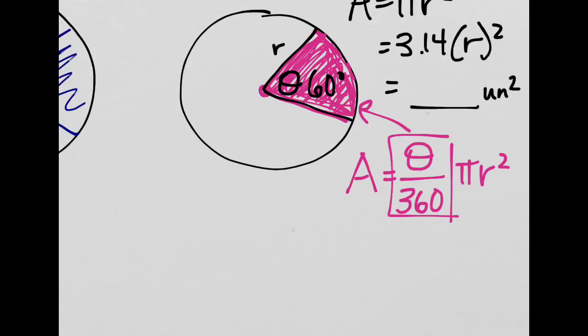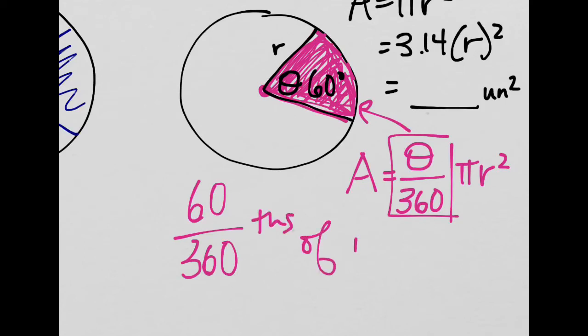Just a fraction of my entire circle, 60 in this case, 60/360ths of my entire circle. And the entire circle's area is this. I can't really tell you what this area is without coming up with some sort of a radius, but hopefully that helps you a little bit to talk through it that way.